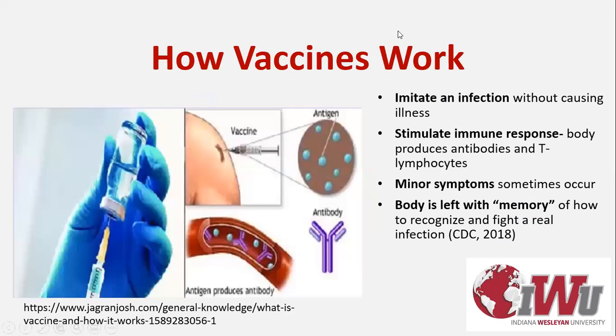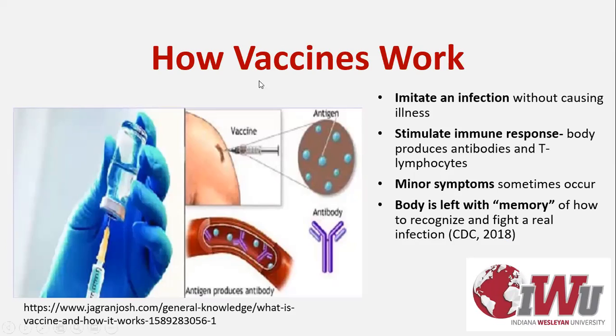So vaccines essentially imitate an infection in the body without causing illness. So we're introducing something into the body that the body is going to recognize that doesn't belong because of something called an antigen, which is a foreign substance that induces an immune response within the body.